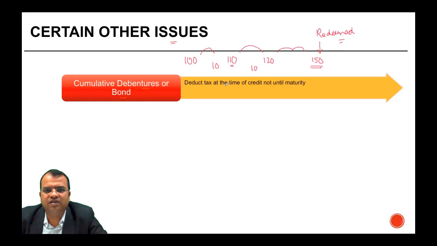In such a case, the tax has to be deducted at the time of credit and not until maturity. What that means is every year when this interest is credited, you have to deposit TDS on this. A cumulative debenture is a debenture in which the interest keeps on accumulating and is paid at the time of maturity.